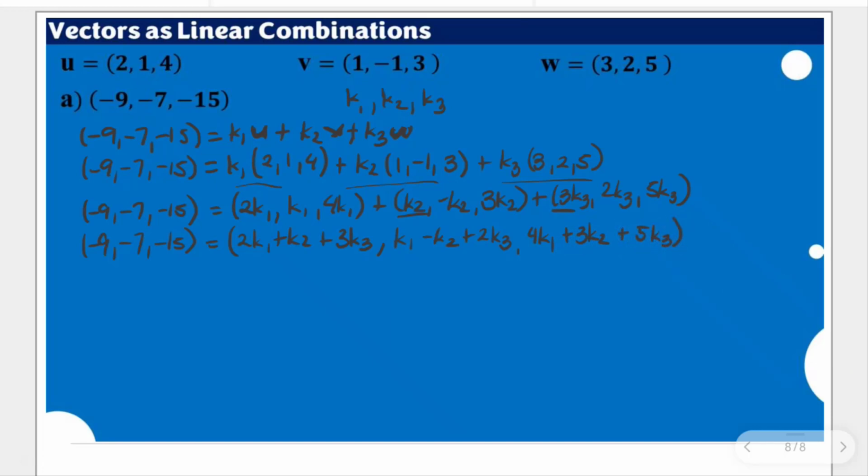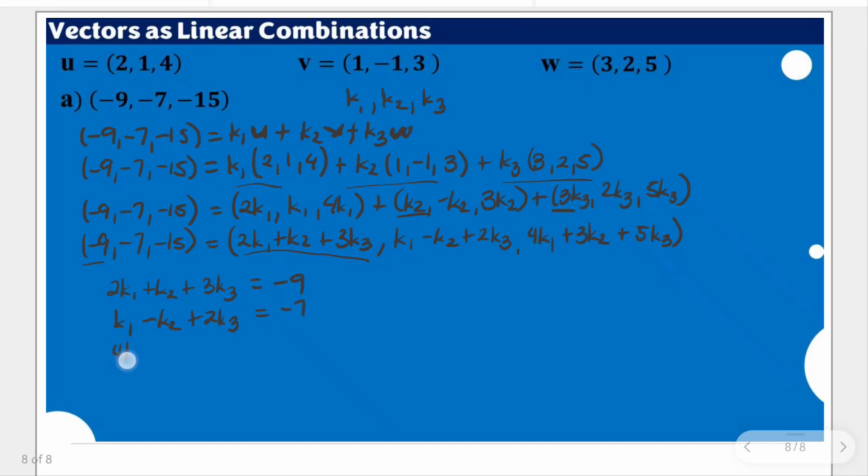For equality of vectors, we can come up with this system where we equate each entry. 2k sub 1 plus k sub 2 plus 3k sub 3 equals -9. Next, k sub 1 minus k sub 2 plus 2k sub 3 equals -7.